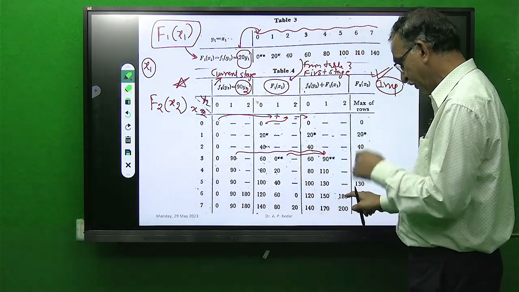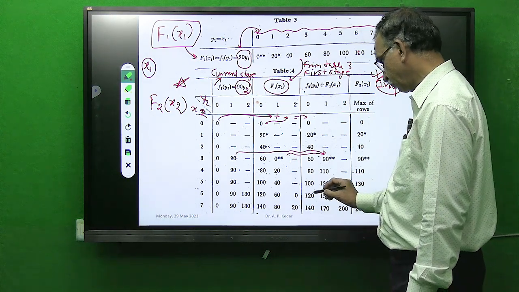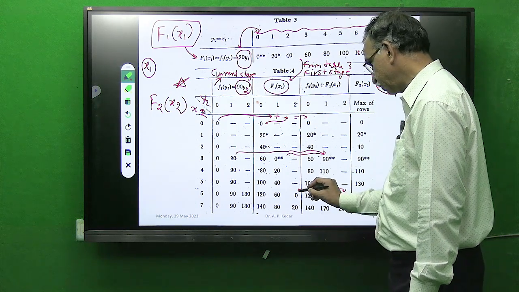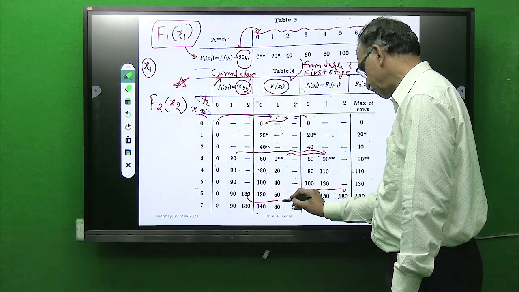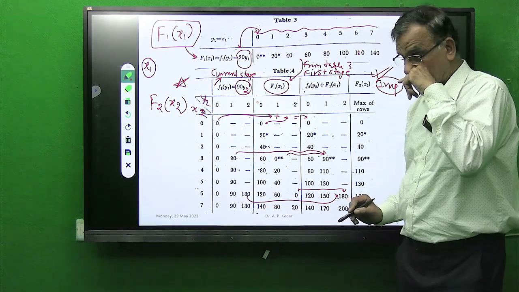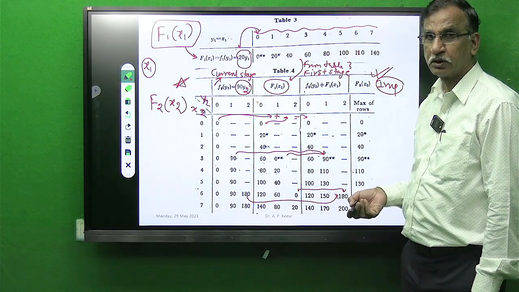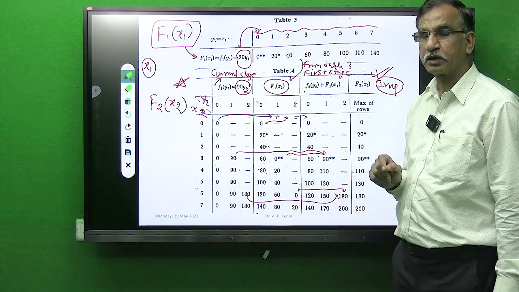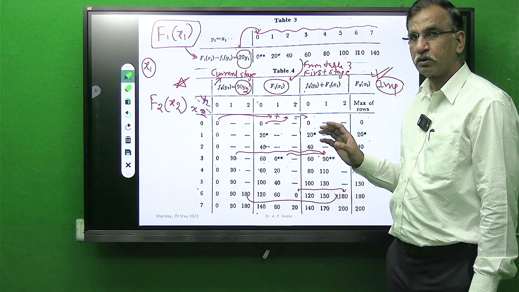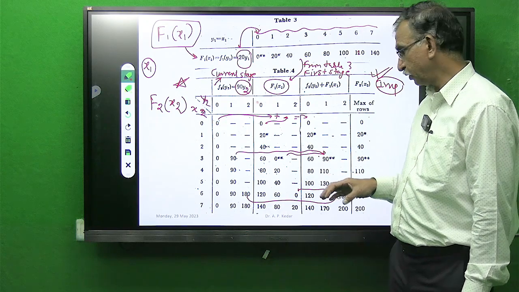Similarly, this 180 in the third column is the result of this 0 and this 180. So students, likewise in this tabular form we have to do calculations. If you commit a single mistake in addition and subtraction, you will not get the optimal solution. You have to be very careful while writing the values.